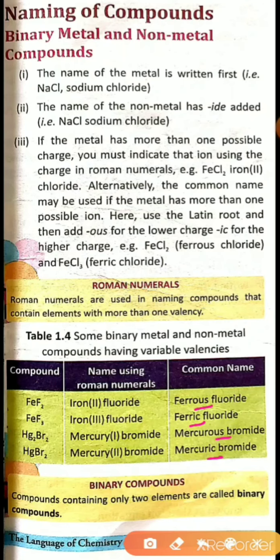Okay, because here iron 2... sorry, fluorine of 2 atoms are there, here 3 atoms of fluorine are there, and here bromine is the same, but mercury 2 atoms are there, and here mercury 1 atom is there.